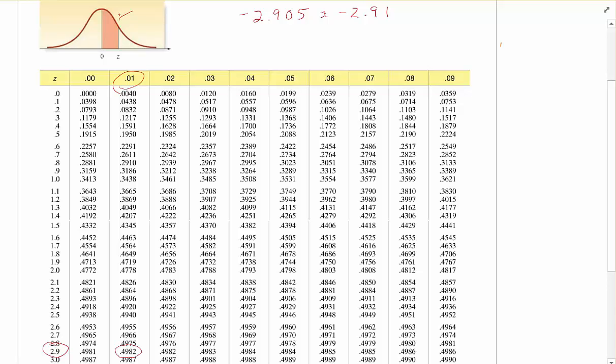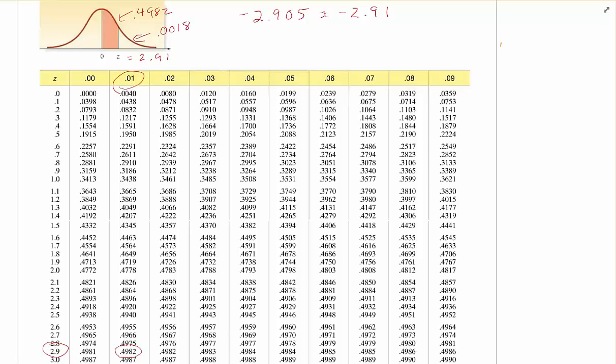So what I'm getting there is 0.4982 on this end. That's associated with my z-value of 2.91. And then I would be able to get the area here by subtracting 0.4982 from 0.5, and that would be 0.0018.